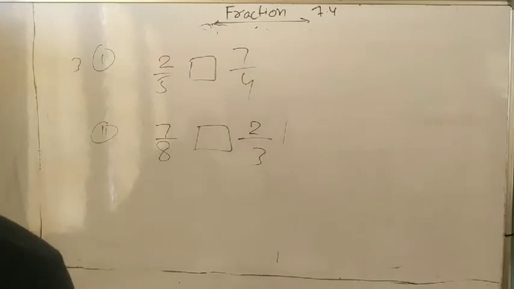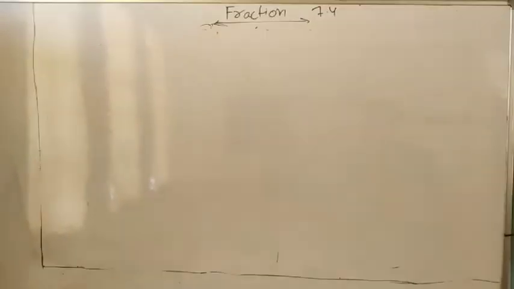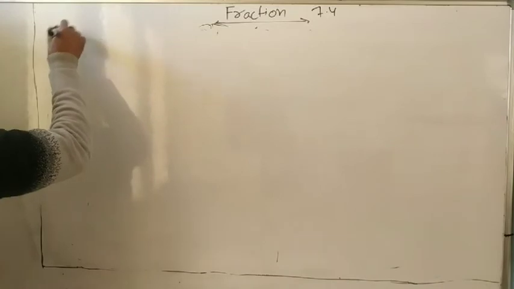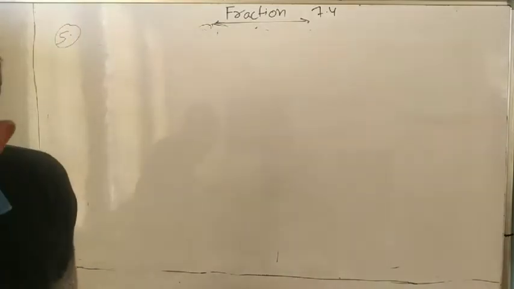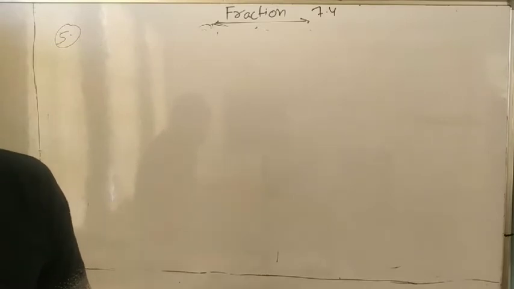Next, question number 5. We have only 2 more minutes because the video is already lengthy. So question number 5, you will do yourself. How quickly can you do this? Fill in the appropriate sign.